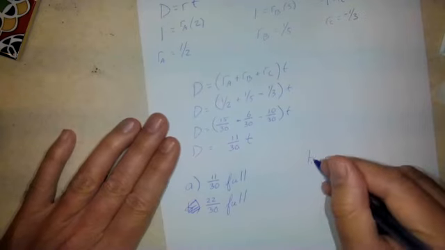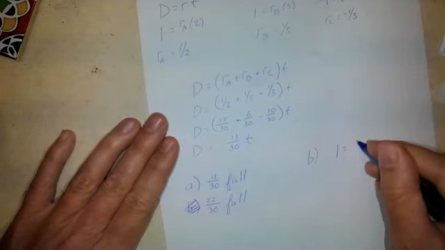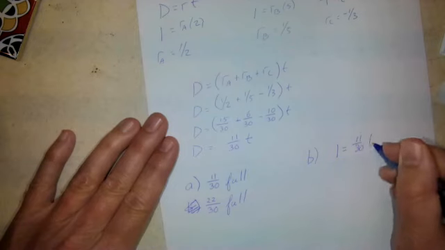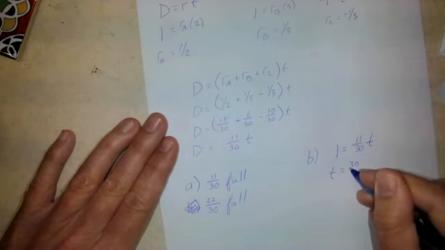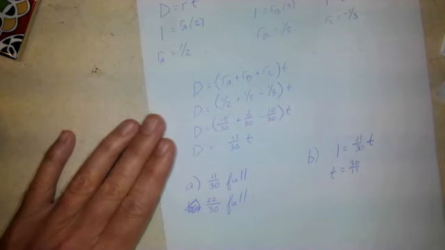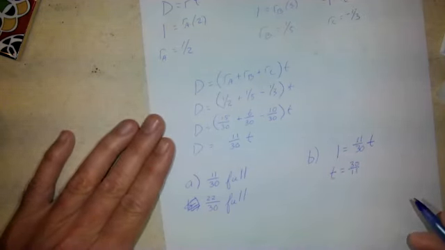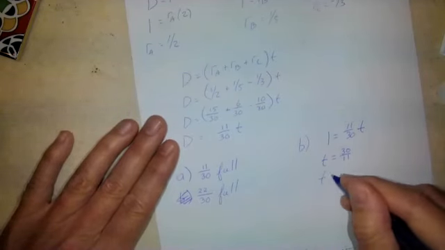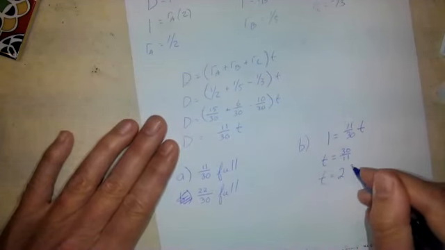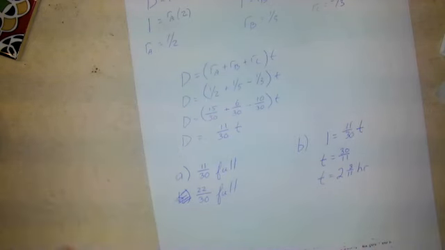And in B, I'm going to say 1 equals 11/30 of T. T apparently equals 30/11, a little less than 3 hours. What do we got? 2 and 8/11. T equals 2 and 8/11 of an hour.